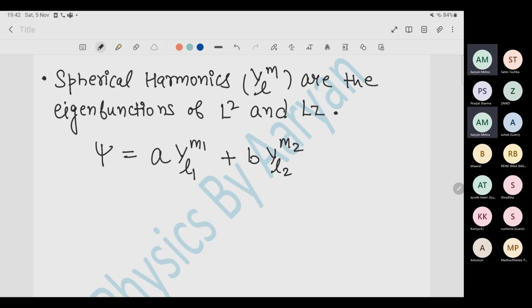Can anyone tell me very quickly what is the probability that you will be in the state L2 M2? It is b square over a square plus b square. Let's assume that a square plus b square is 1. So the probability that you will be in the state L2 M2 will be b square.